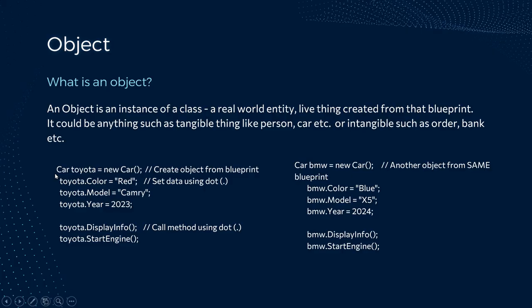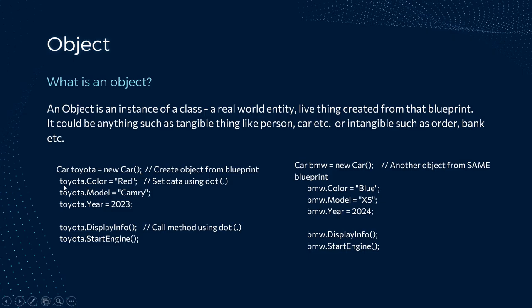You provide Car, that is the class name, then the reference variable, equal to new Car, with parentheses and a semicolon. This new Car is an object, and the reference variable Toyota is pointing to this object. With the help of this reference variable, you can access the members of this Car class, using the dot operator.